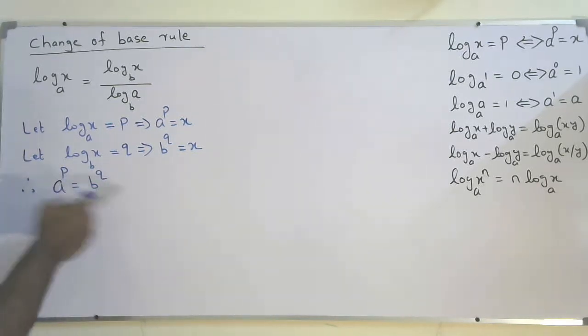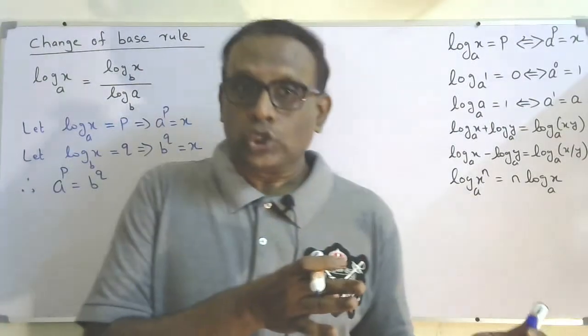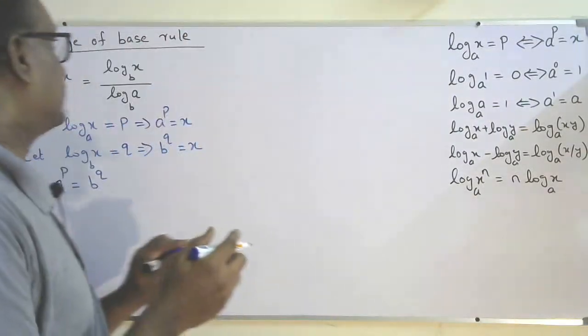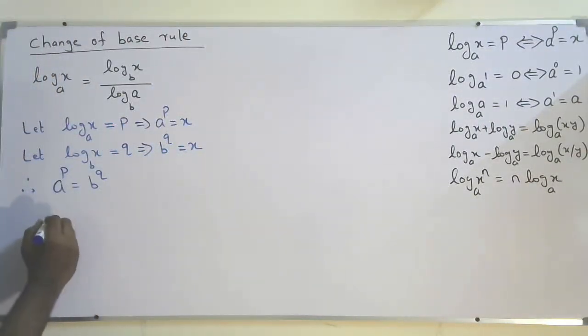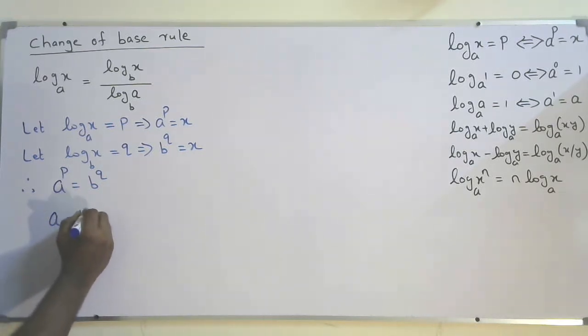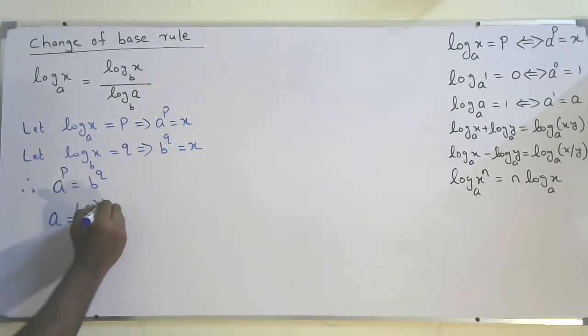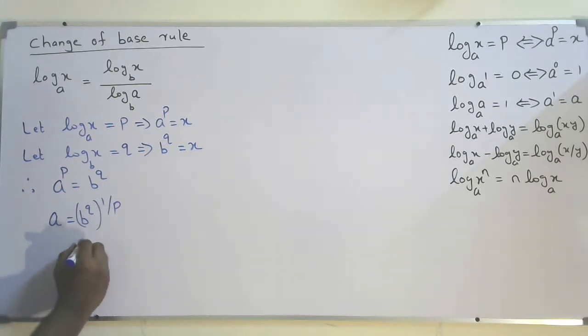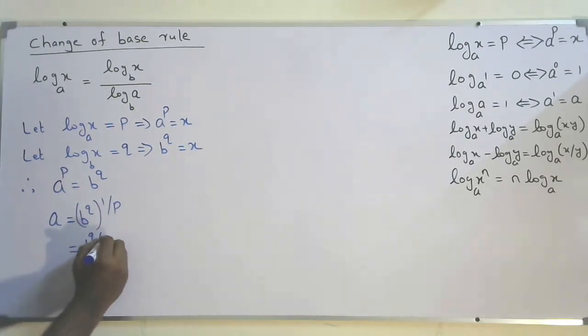From that, take the pth root on both sides because I want to make a the subject. So a equals b to the power q over p.